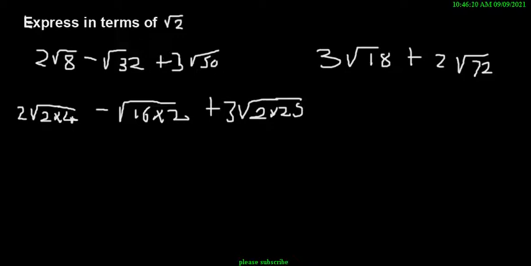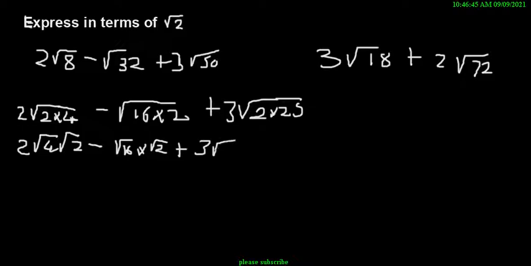So we can now say, okay, root of 4. Since it's going to be 2 root of 4 root of 2, minus root of 16 times root of 2, plus 3 root of 25 and root of 2.